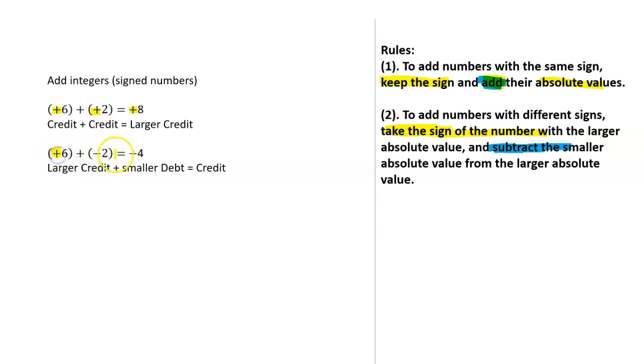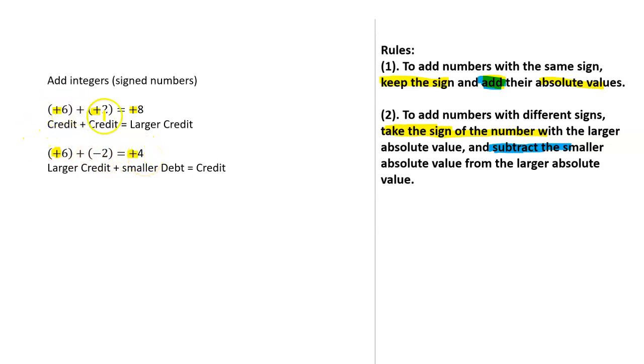We're not going to pick the sign in front of 2 because 2 is smaller. Then we subtract, because credit is larger, debt is smaller, and you want to see how much bigger your credit is. 6 minus 2 gives us 4.